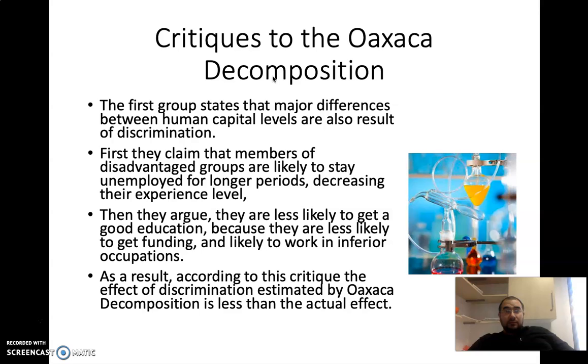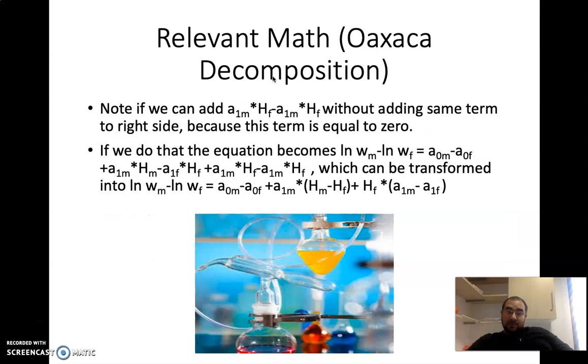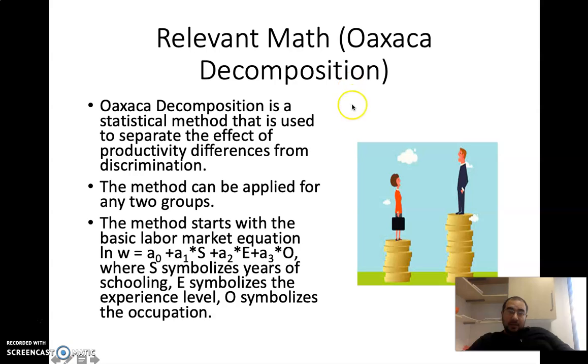Well, the underestimation group basically argues that all these factors of human capital, the education, experience, occupations, the jobs you can get, are also subject to discrimination. You might not be able to get education because the universities are not accepting, for example, black people or women, as well as you might not get experience because you cannot start with a company at the very beginning. And of course, some occupations might have barriers.